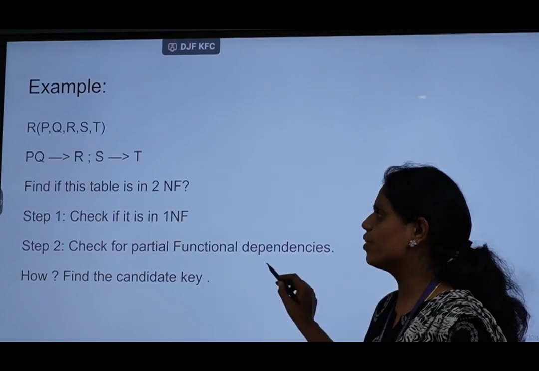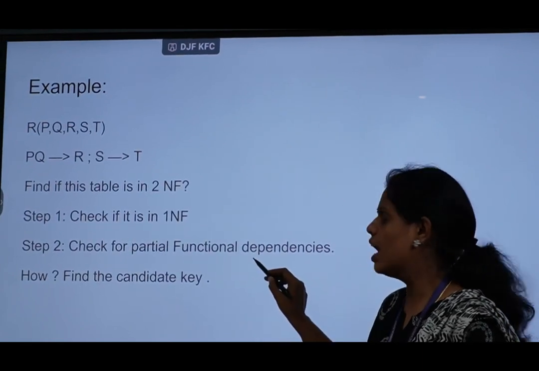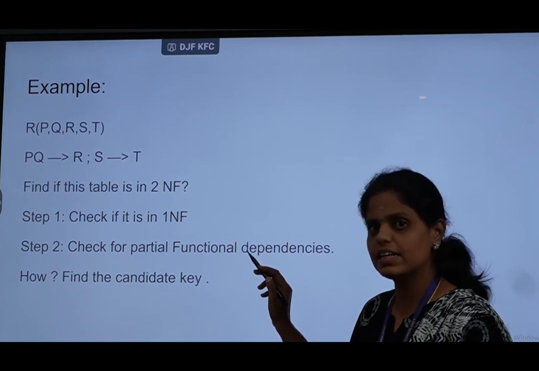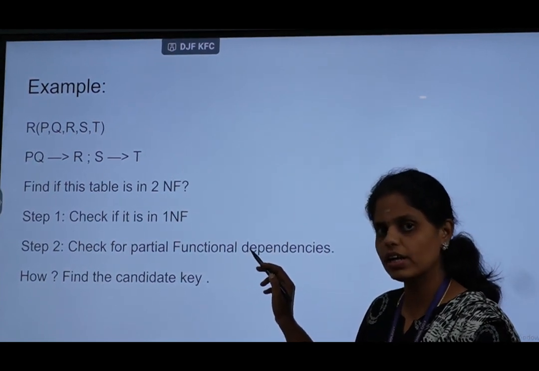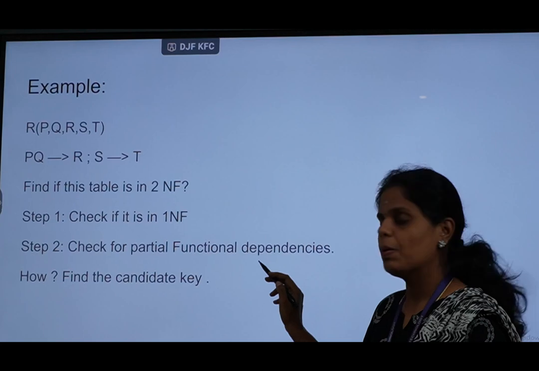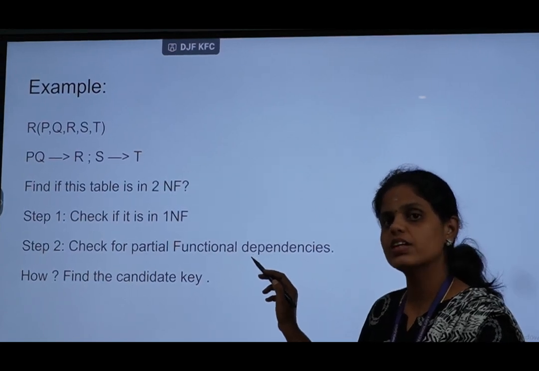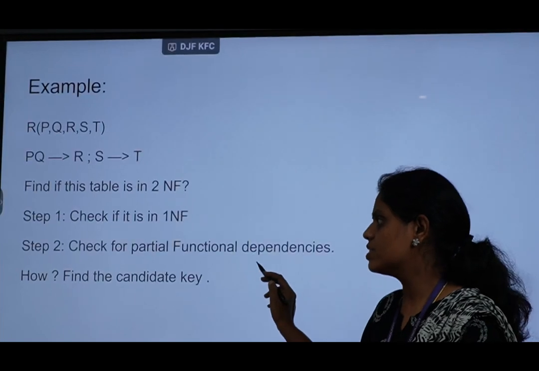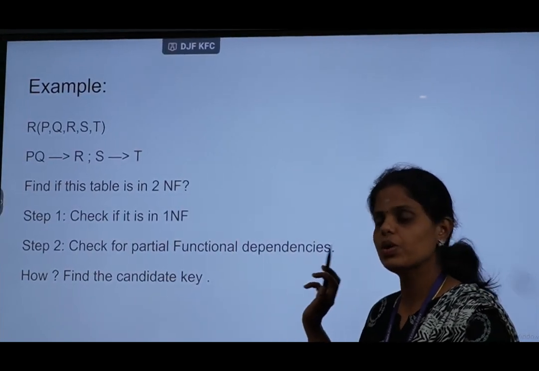The second step is to check for partial functional dependencies. How will we check? We have to find the candidate key initially. Once we have the candidate key, if there is any functional dependency on a subset of the candidate key, that is a partial functional dependency, and then the relation is not in 2NF.